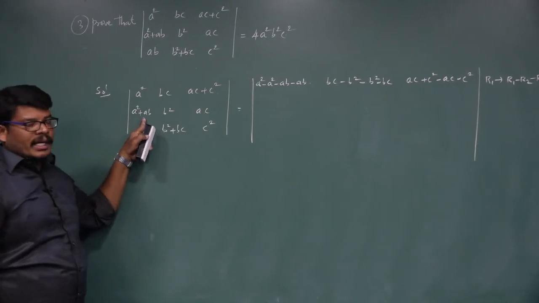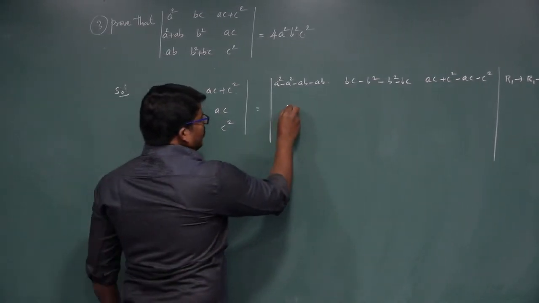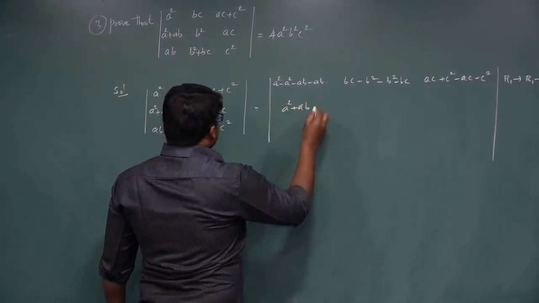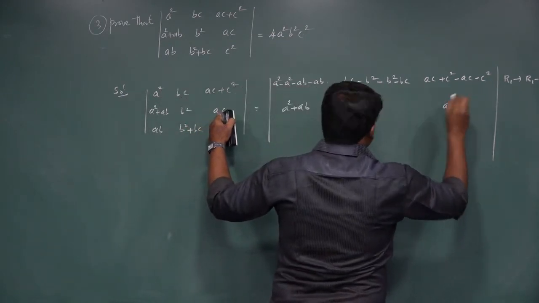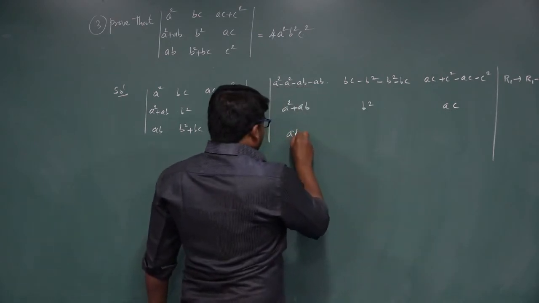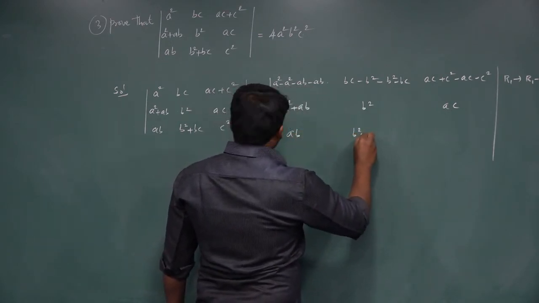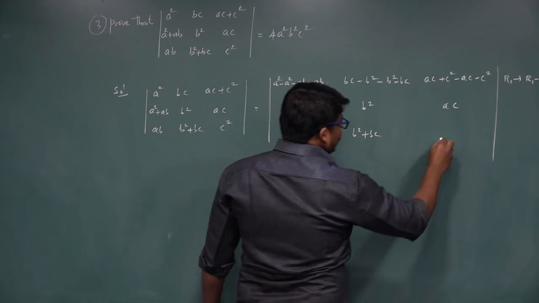And the second row as it is, A square plus AB, B square and AC. And third row as it is, AB, B square plus BC and C square.